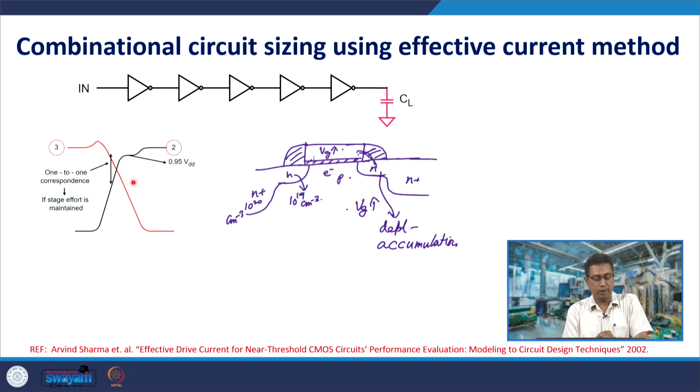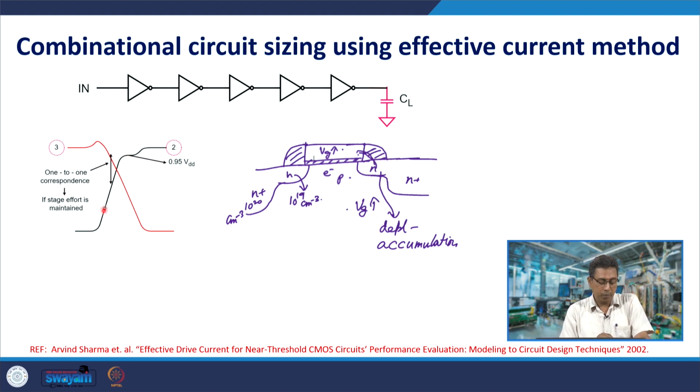In this inverter chain, we simulate in a 65 nanometer CMOS node. These are simulations corresponding to the 65 nanometer ST Microelectronics planar CMOS node. It does not depend on the PDK; the results are qualitatively valid for any PDK.